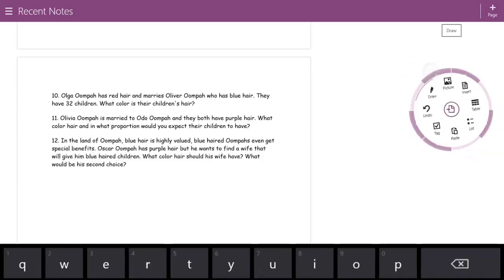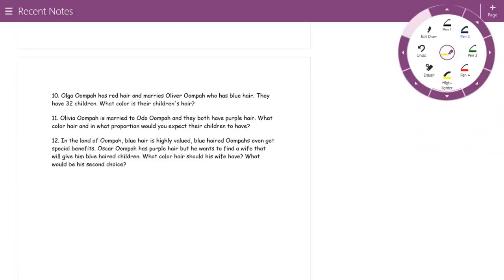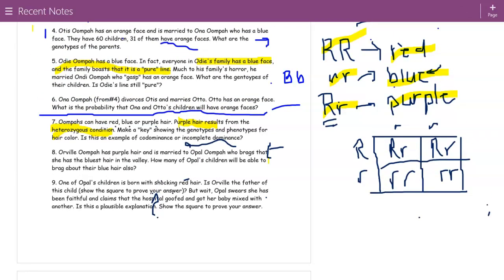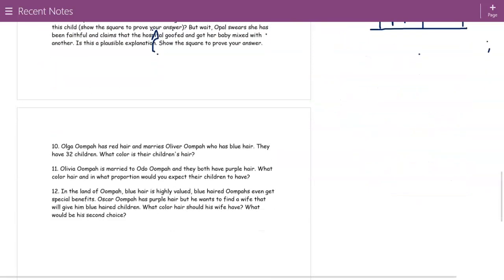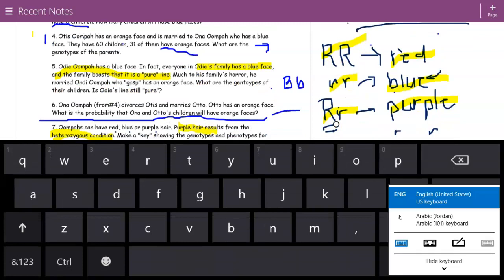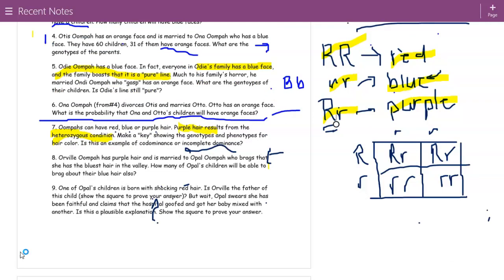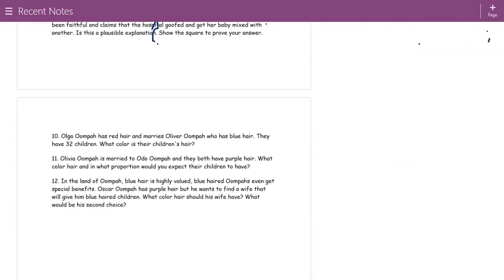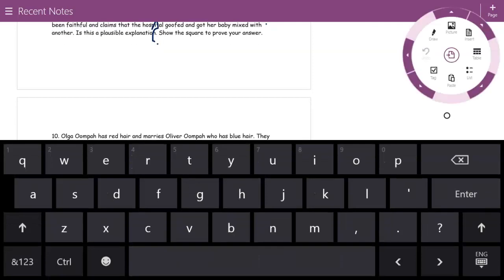Okay. Draw. Pen. Olga Oompa has red hair and marries Oliver Oompa, who has blue hair. Okay, gotta go back to my key. Purple results from the heterozygous condition, and we said blue is the homozygous little lowercase condition.